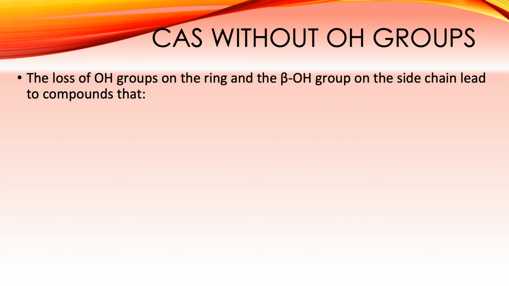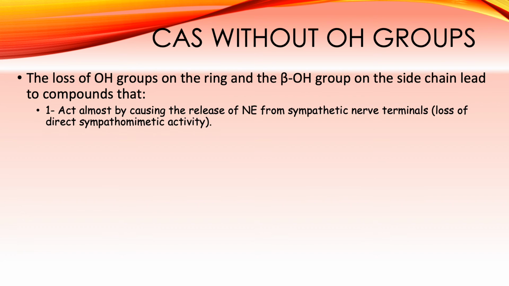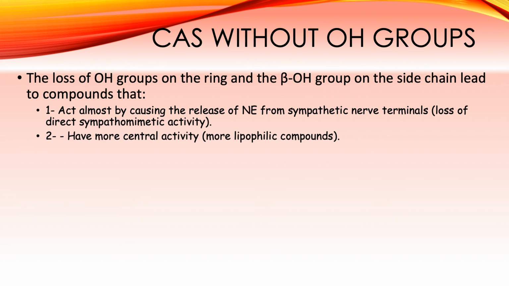So for our drugs without hydroxyl groups, the loss of hydroxyl groups on the ring and on the beta hydroxy group on the side chain leads to compounds that act almost entirely by releasing norepinephrine from sympathetic nerve terminals. So they lose their direct sympathomimetic activity.